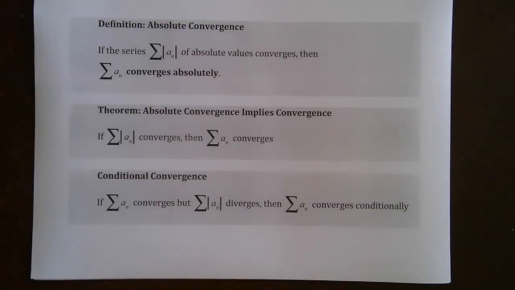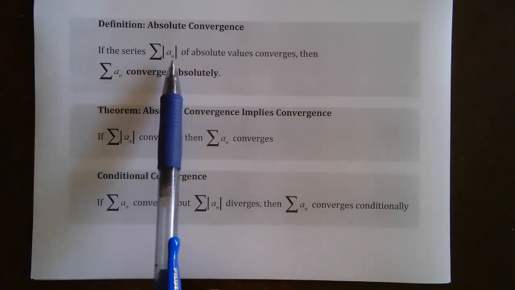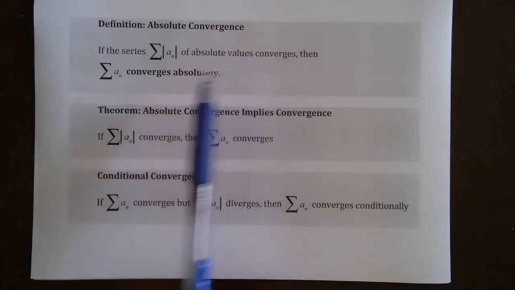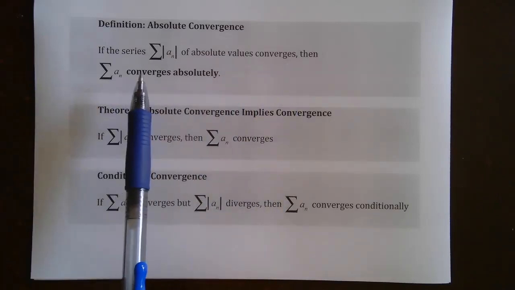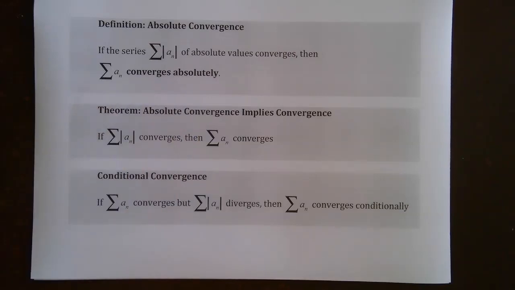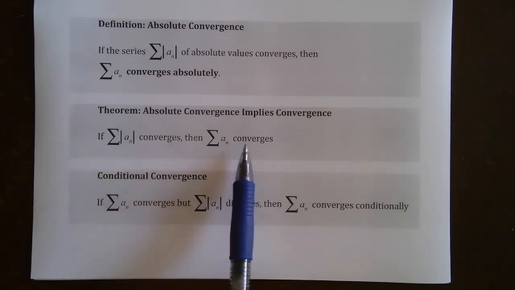Now for some review on some definitions. If the series sum of the absolute value of a sub n converges, then the series converges. We say the series converges absolutely. So if we take the absolute value of the nth term and we see that that series converges, then the series converges absolutely. And by the next theorem, if that converges, then we know the original series must converge.